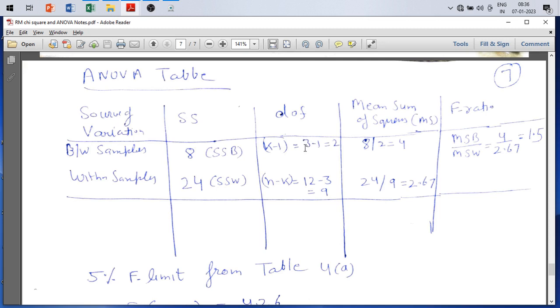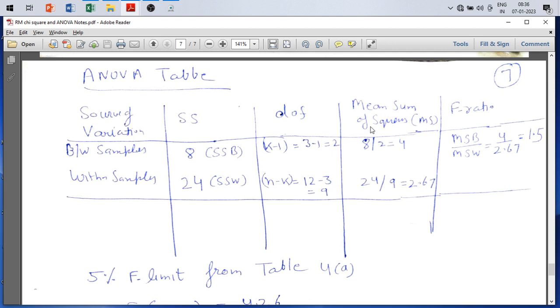We have three varieties, three types of seeds here, or three groups, or three samples. All these terminologies are fine. So 3 minus 1, it will be 2, and degree of freedom here will be n minus k. We have total 12 data points in the table. So 12 minus 3, 9.